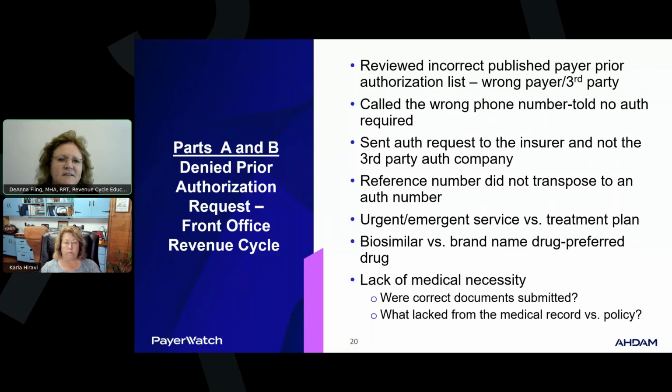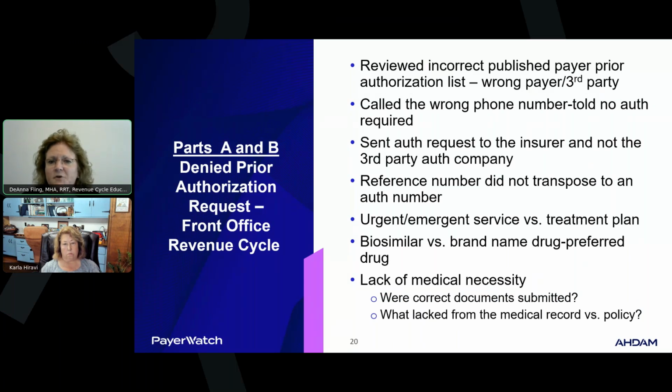Two denial reasons that happen frequently and warrant further research: an insurer will tell a prior auth team member that a prior auth is not required when actually it is. So before you call to confirm if an auth is required, do your homework. Most insurers will publish their prior auth list online, making it easy to understand if a prior auth is required.